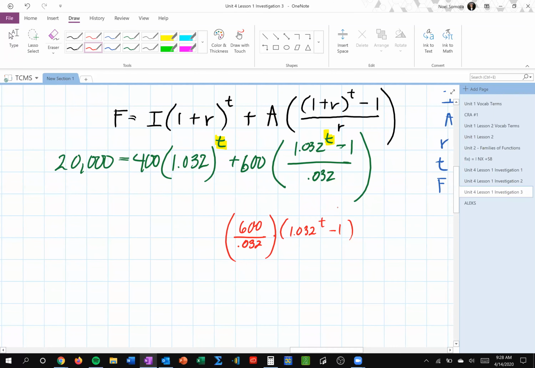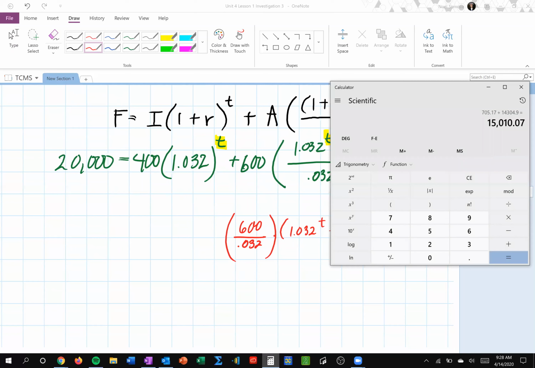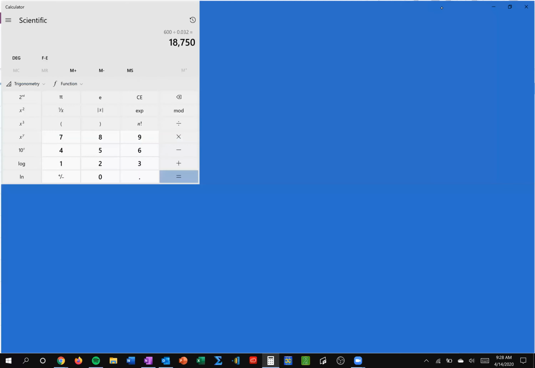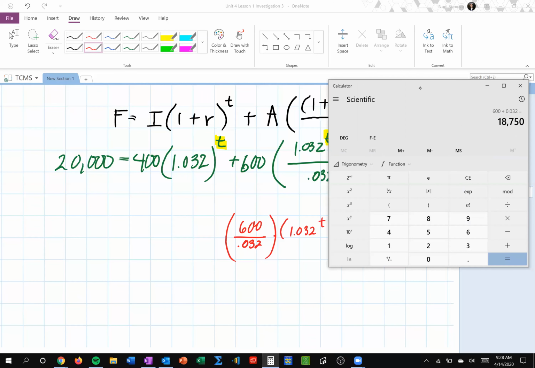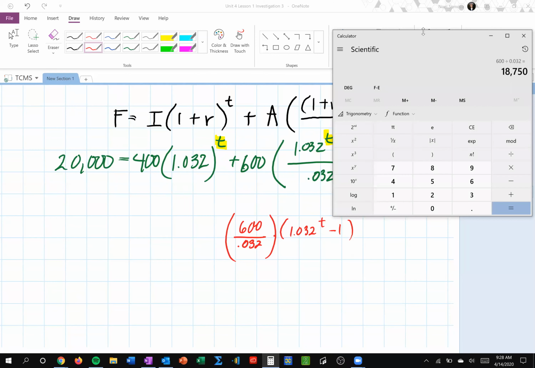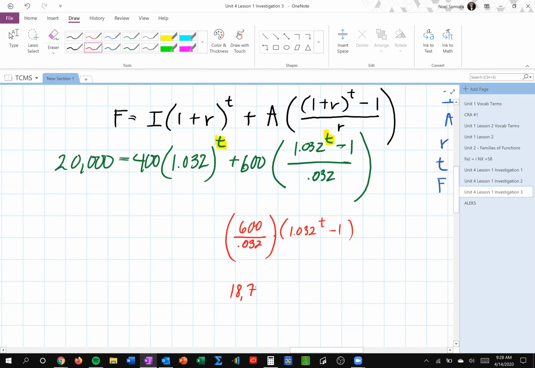So we have 600 divided by 0.032. Let's see what we get here. All right, and luckily for us, that gave us a nice integer, which is 18,750. Okay, so here we get 18,750 times 1.032 to the power of t minus 1.